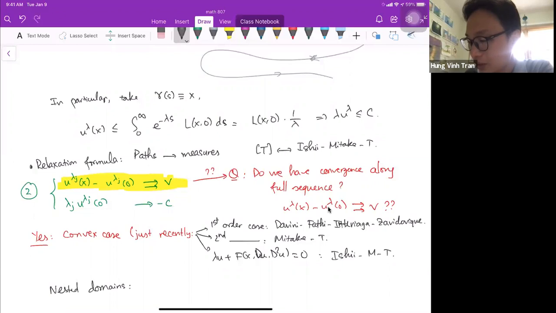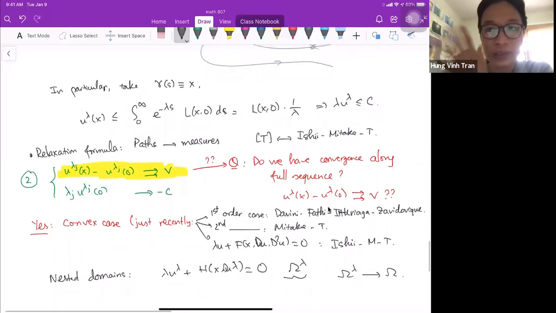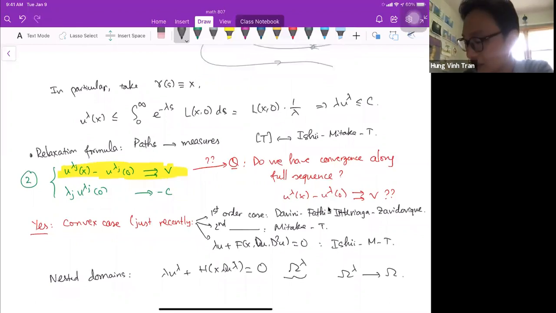If you consider equations like λu^λ plus f, for first order, I mean, I don't think it has been done for second order, in Ω^λ where Ω^λ converges to Ω and something like that, and of course there have to be certain properties. So this was done by Sun.